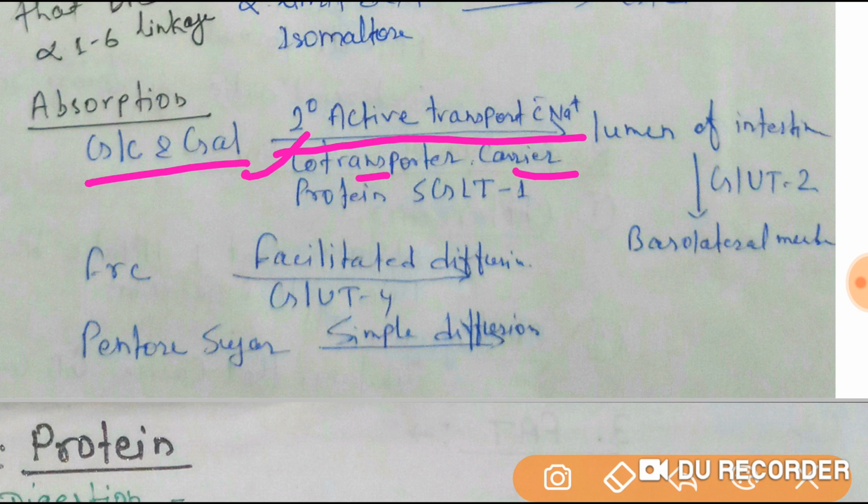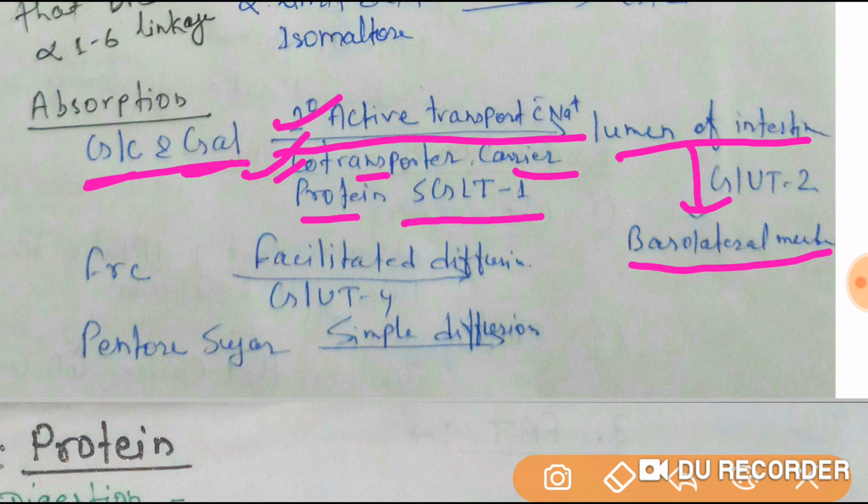Here the carrier protein is SGLT1. Here the digested carbohydrates, glucose and galactose, are absorbed from the lumen of the intestine by secondary active transport, and from there to the basolateral membrane, GLUT2 is responsible.